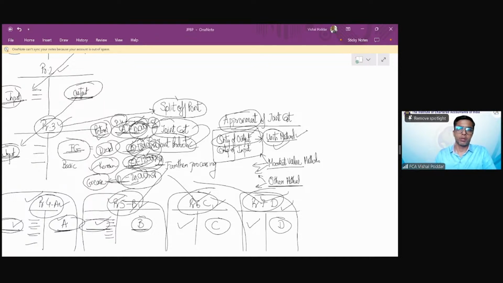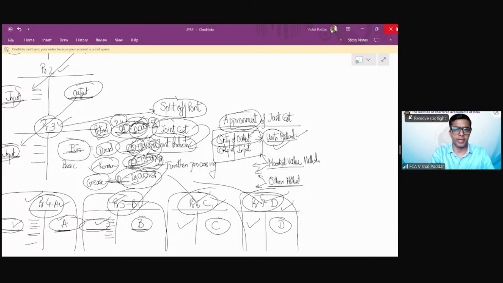Now, moving ahead, what is next? After you understand this basic point, we have to go ahead and understand each of these methods in detail and see practically how the joint cost will get apportioned by each of them.